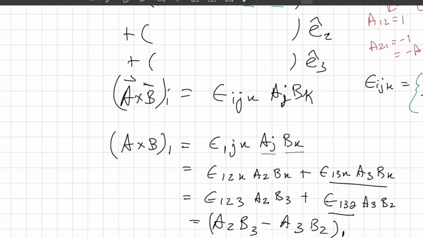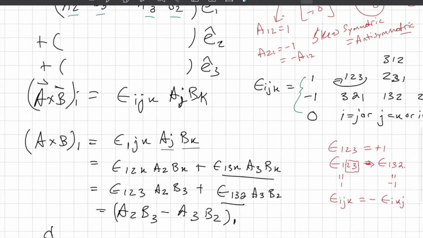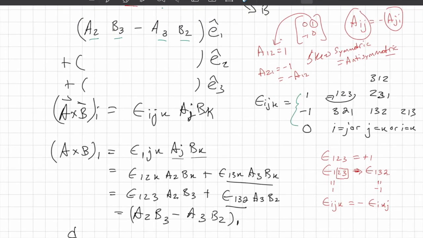So let's now do these sums, meaning I will do the J sum first. So the first thing you would get is J equals 1, right? But can J equal 1? No, because this would vanish. Because anytime you have a repeated index, you get 0, right? So the first term vanishes. I don't even write it.